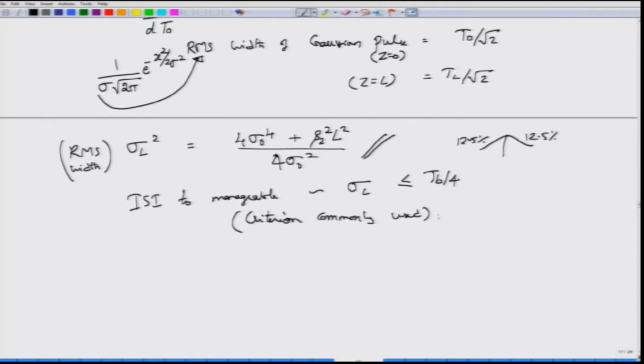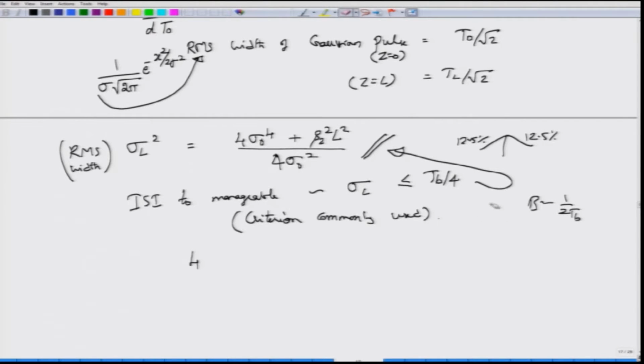Okay. So, you have a 25% pulse spreading allowed, and if you substitute that condition onto this one and rearrange the equation, what you get, and remember also that TB is inversely proportional to B as 1 by 2 TB, therefore TB is given by 1 by 2B. Okay.